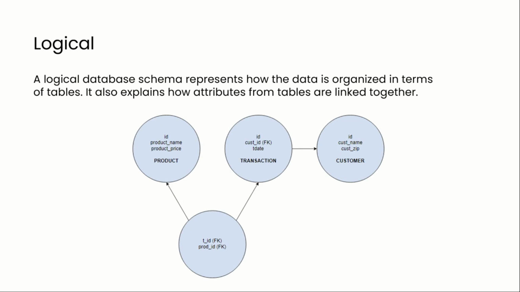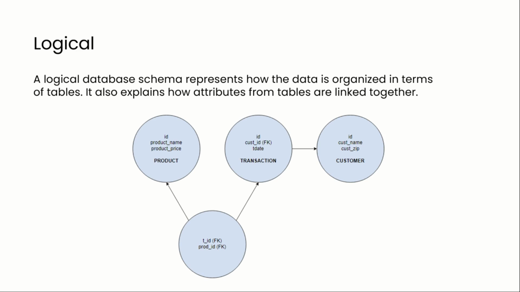Logical schema. A logical database schema represents how our data is going to be organized in the tables. It explains how the attributes are linked among themselves and to other tables.